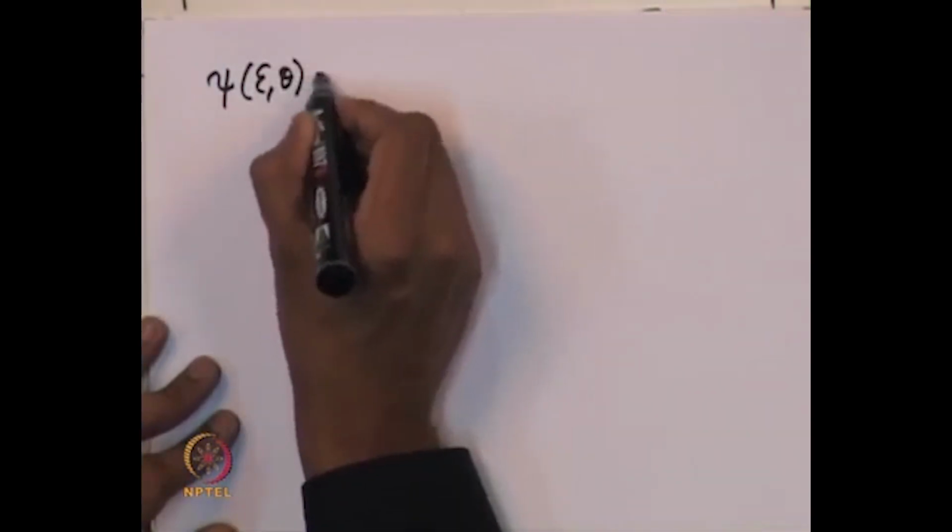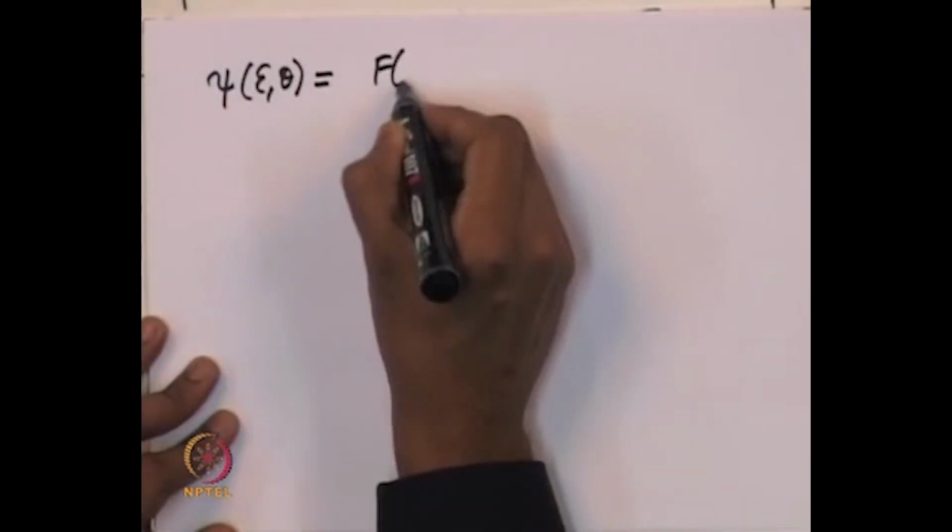So, now we can rewrite this as psi of epsilon comma theta, that is equal to f of epsilon comma theta.